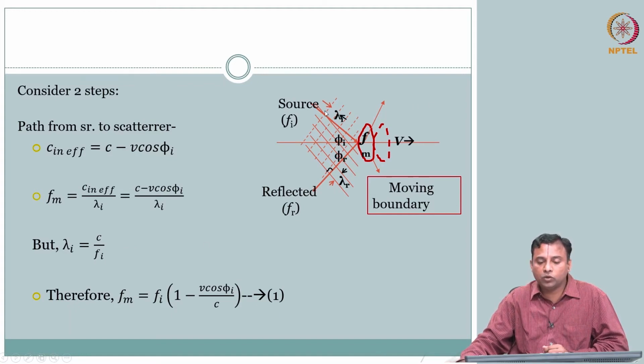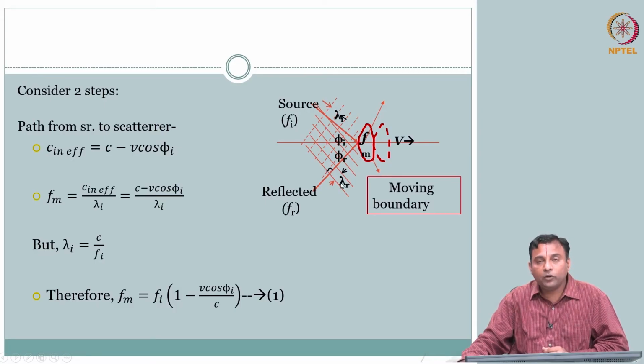This is based on the source coming to the observer, right, of the object that is moving. So, now what is the other path? Oh, the other path is after it comes, hits here, there is a wave that is reflected and going back, right, this direction. So, now we could do a similar argument and understand what will be the effective velocity of the waves that are going out.